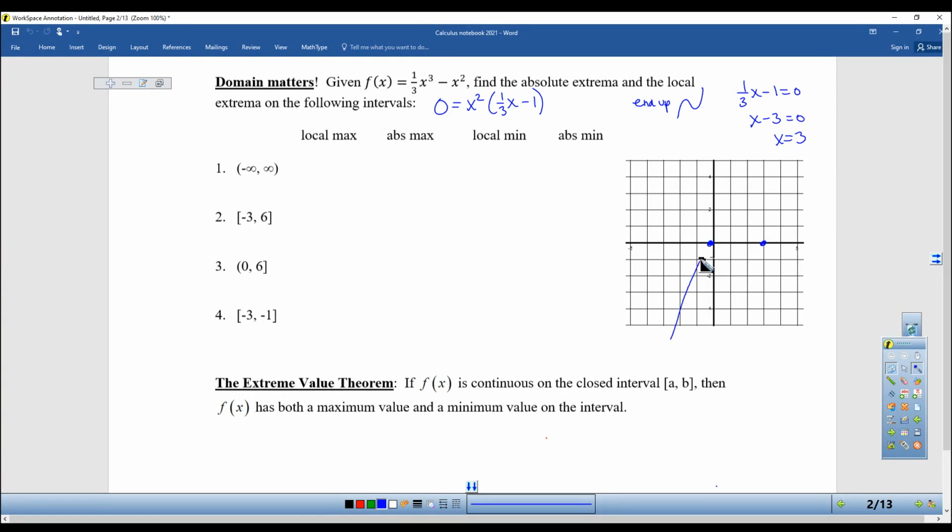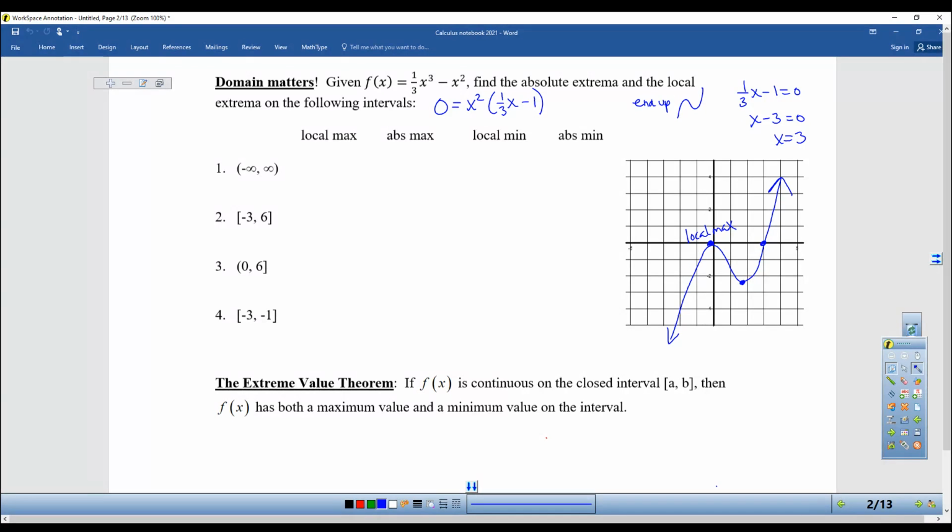So I know it goes up, it bounces, it comes down like that. So it was very easy to find one of the local maximums. But what if I want to find that local minimum? Where was it at the bottom?